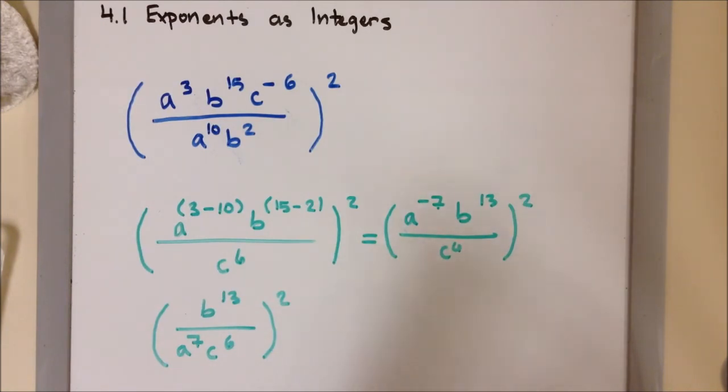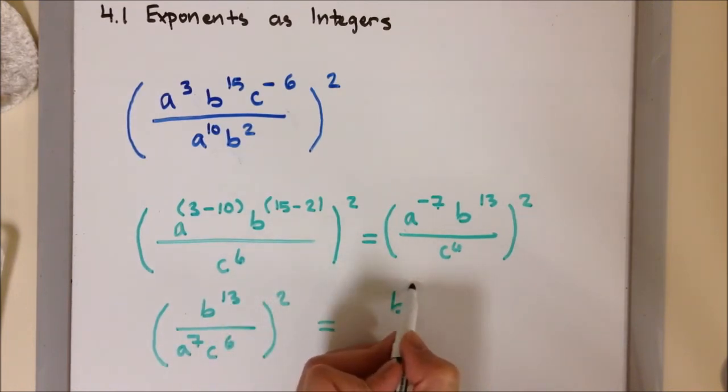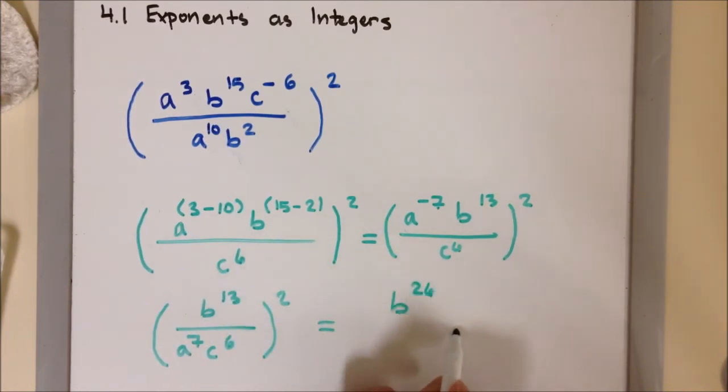Now, when I'm done simplifying, I have positive exponents on the inside and just a single a, a single c, and a single b. I can multiply my 2 to all the exponents inside. So on the top, it would be b, 13 times 2 is to the 26th power.